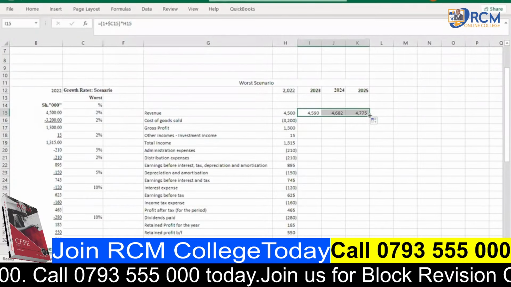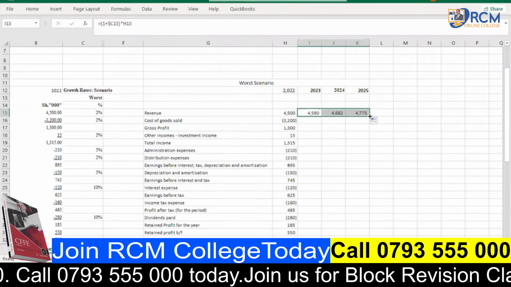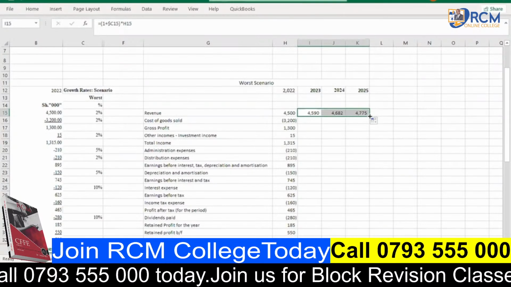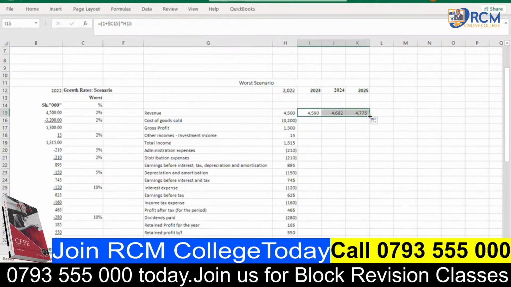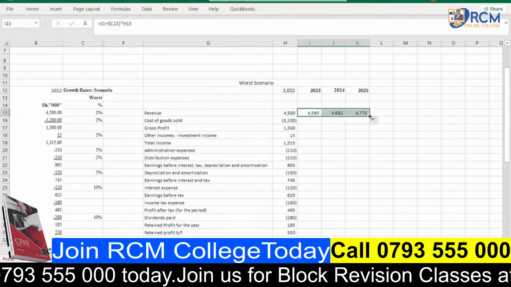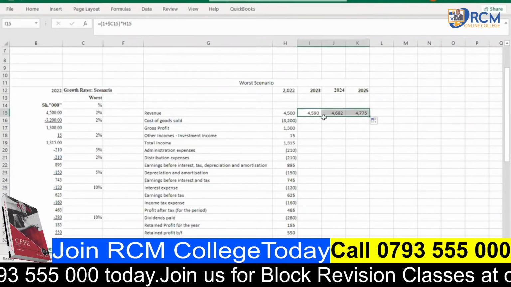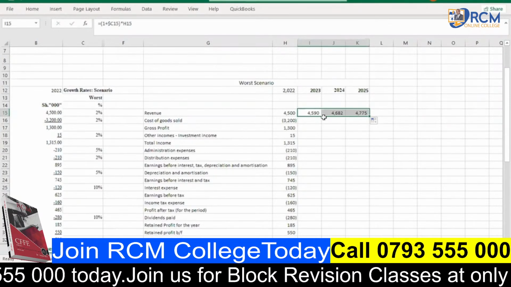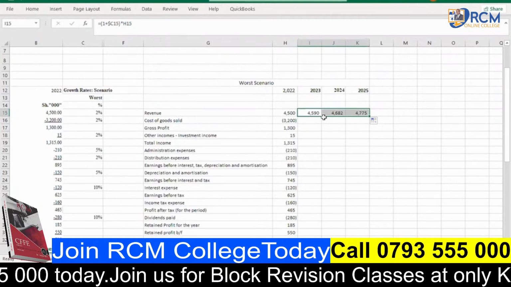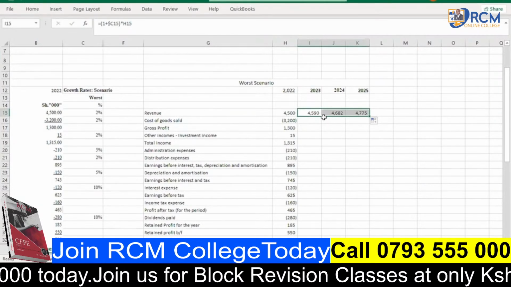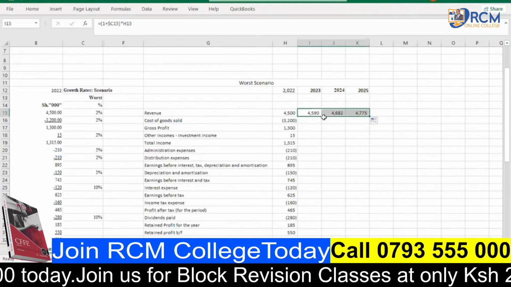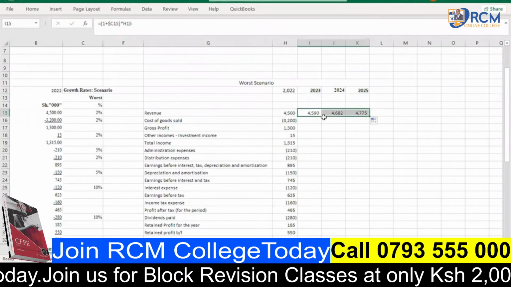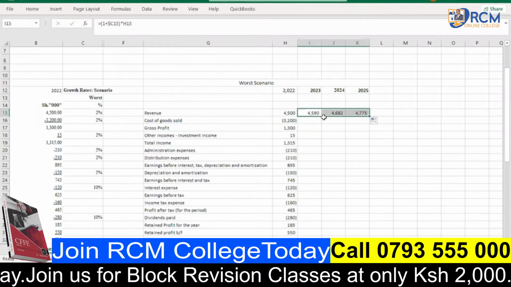Then at the bottom corner here, double click, then tell me what you are able to see. Do you now have everything auto-filled?